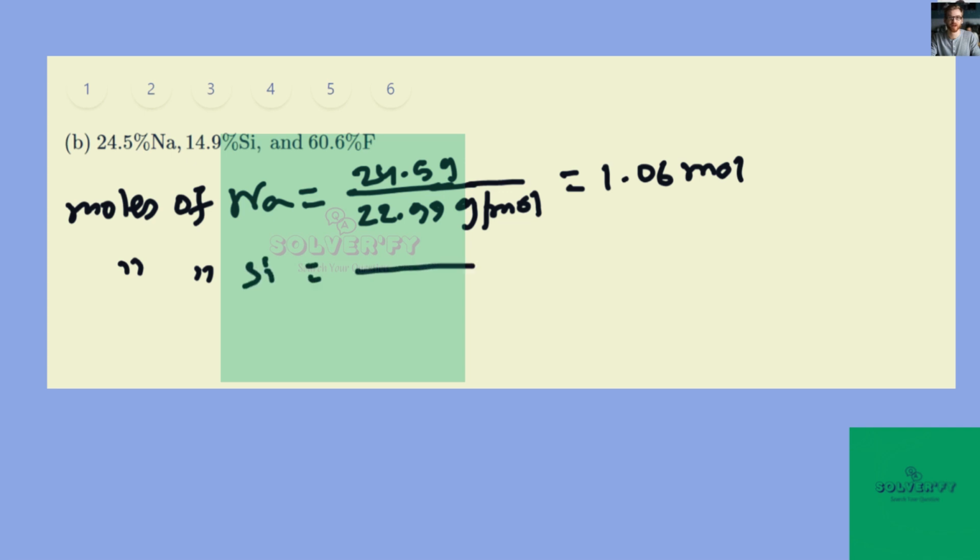Then we'll find the number of moles of silicon. The mass of silicon here is 14.9 gram, and we have silicon's molar mass, which is 28.08 gram per mole, and this will give us a value of 0.53 mole.